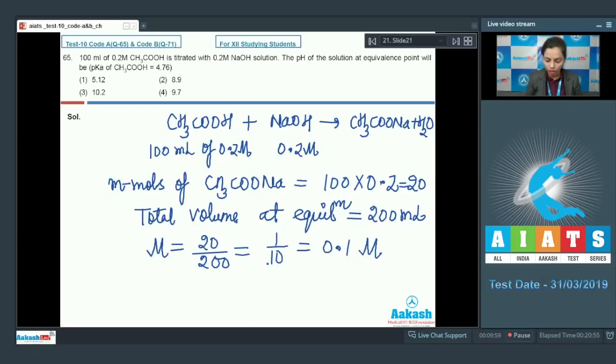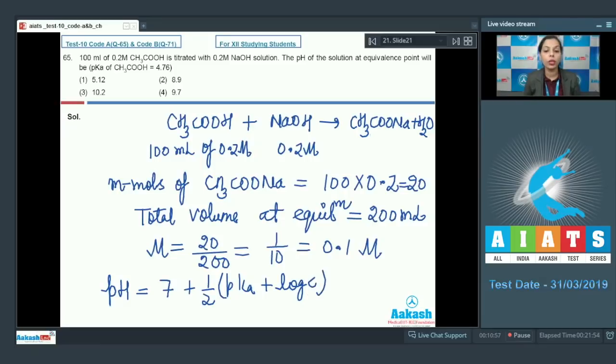Now what we need to find out? We need to find out the pH. For the salt of a strong base and weak acid, the pH value is equal to 7 plus half of pKa plus log C. This is the formula for the pH calculation. Let's place the values here. It would be 7 plus half. What is the pKa value?